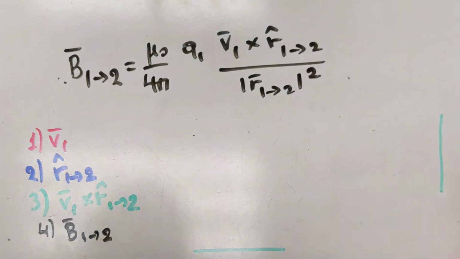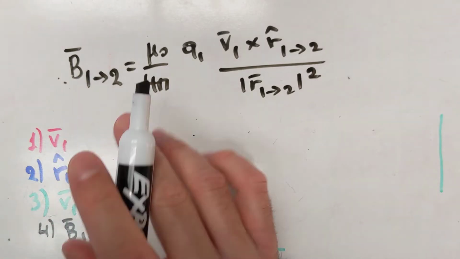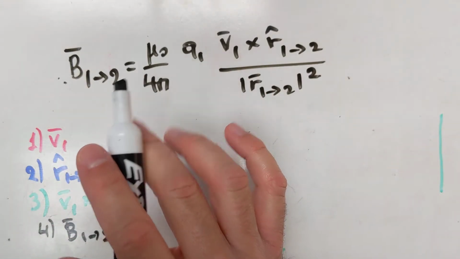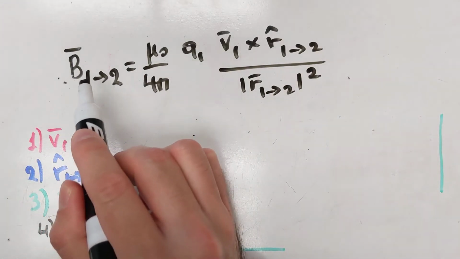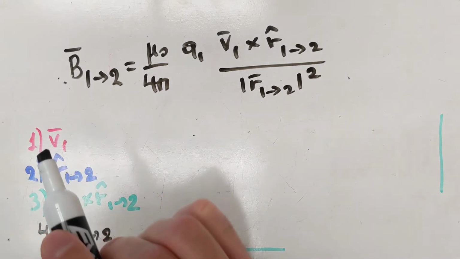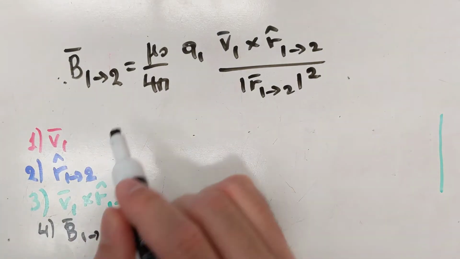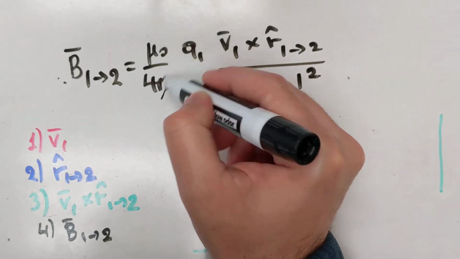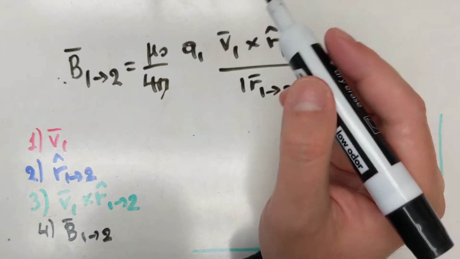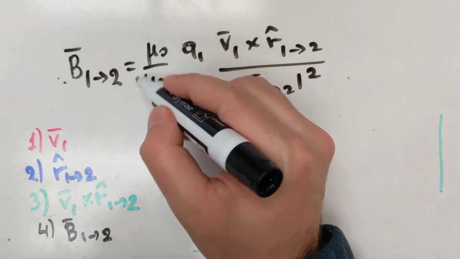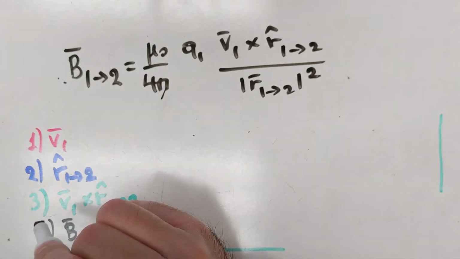Now, one thing that I do want to mention, I'm only interested in finding the direction of the magnetic field. I don't care about the magnitude, and this allows me to say, since this is a constant and the constant is always a positive number, it doesn't really affect the direction of the magnetic field.